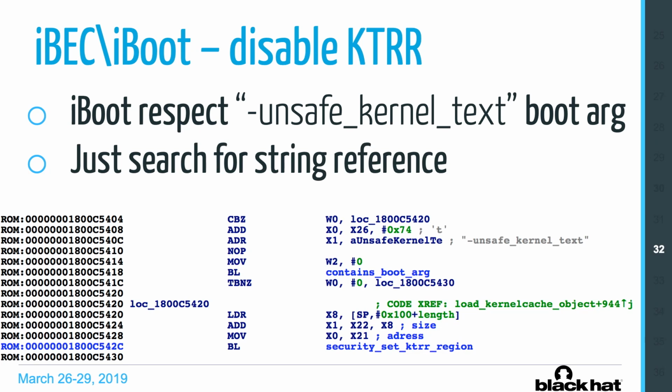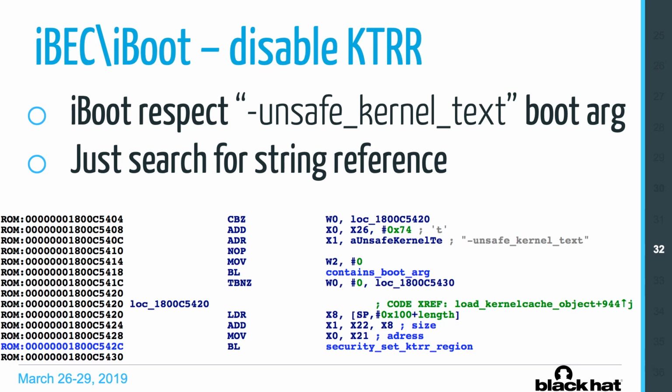The next thing, I think the last one for iBoot, is KTRR, or kernel text read-only region. That is a specific mitigation that Apple introduced in iPhone 7, and the idea is that Apple has their own custom memory controller, and Apple sets up the region which the kernel will be mapped on. And when the kernel is mapped and finishes all the initialization process, this region will be locked, which means there is no way to write to this region as the lock is made at the hardware level.